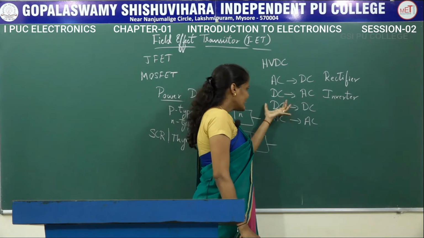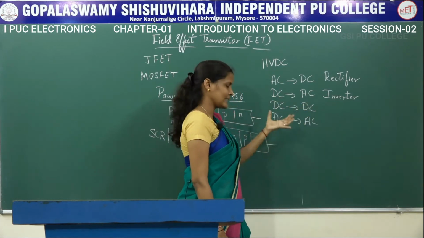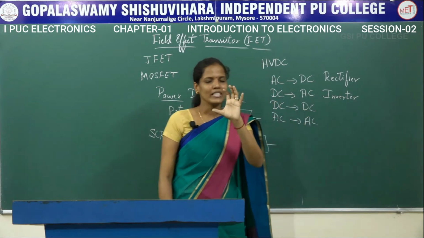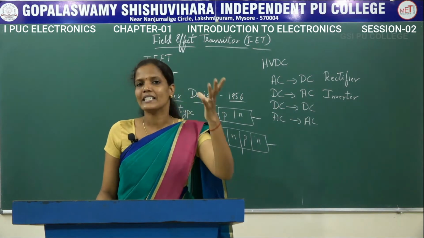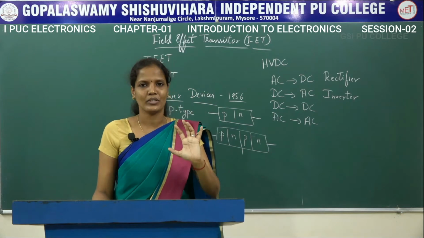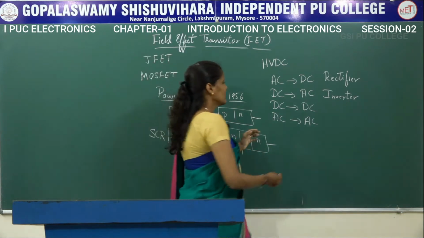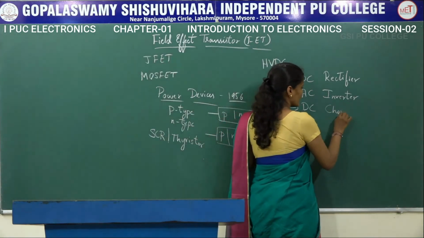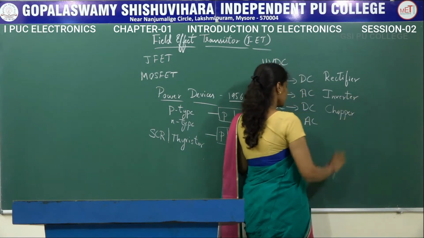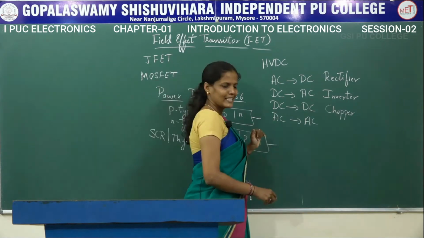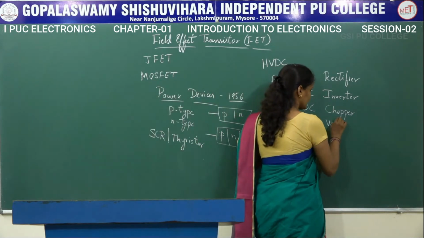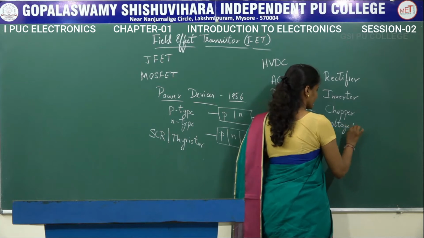And converting a DC signal to another DC signal, I mean, if I have some level of DC signal and I have to increase or decrease the DC voltage, then we need a circuit. That kind of circuit is called a chopper. And converting AC to AC signal is nothing but a voltage controller.